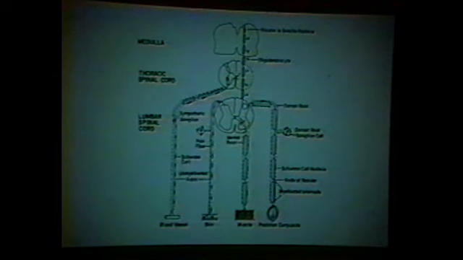Just to review some of the organization of this cell again, we have the cell body, and you can see that in some cases the cell body may be in the central nervous system. Here's a lower motor neuron, and the axon, which I'm going to discuss in a moment, resides partially in the central nervous system and partially in the peripheral nervous system. Alternatively, the cell body may reside in the peripheral nervous system, as in this dorsal root ganglion cell. This is the spinal or dorsal root or sensory ganglion.